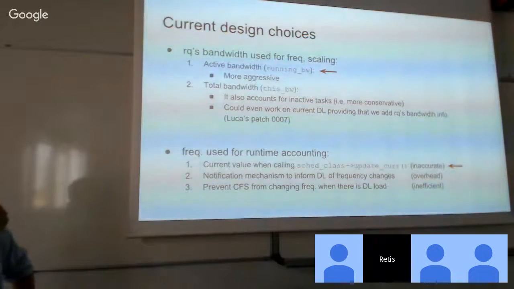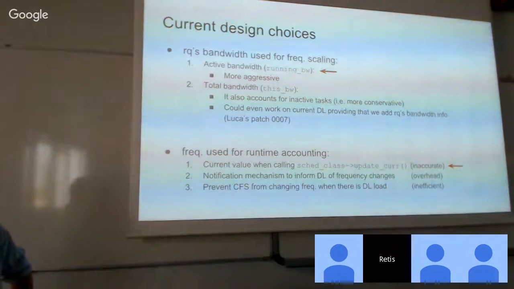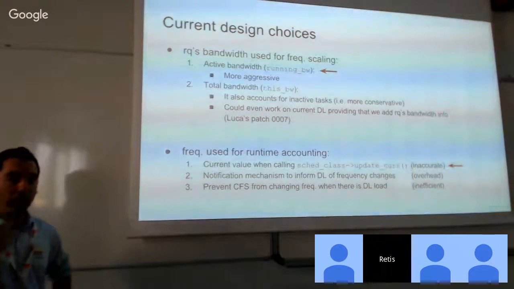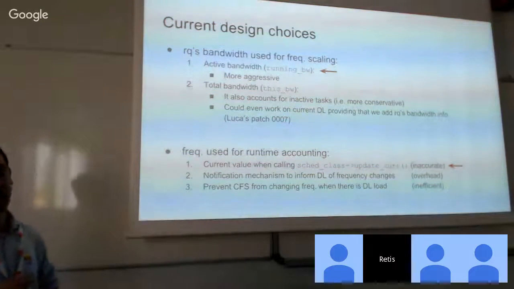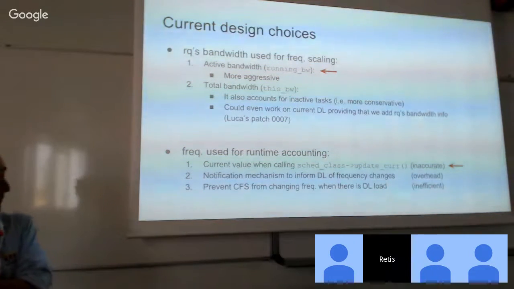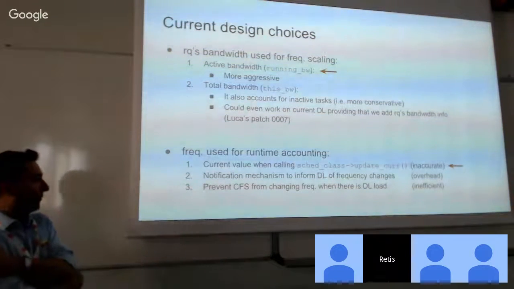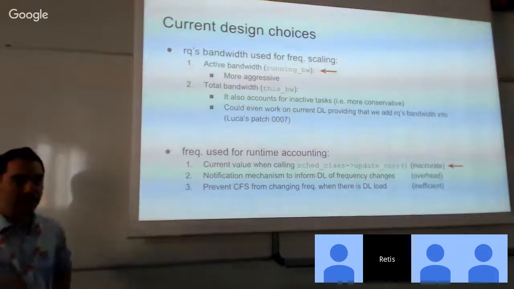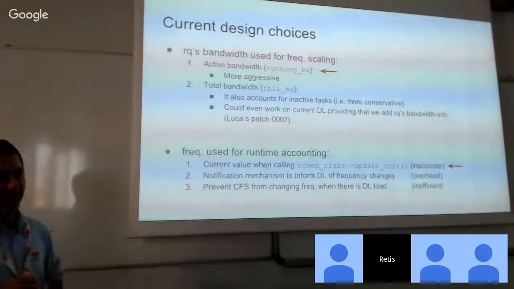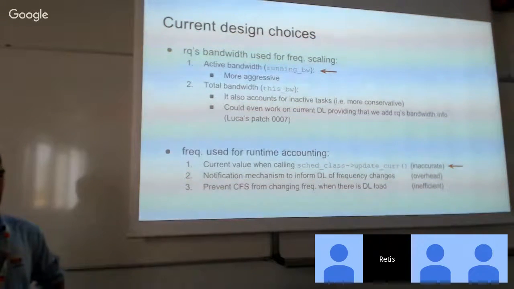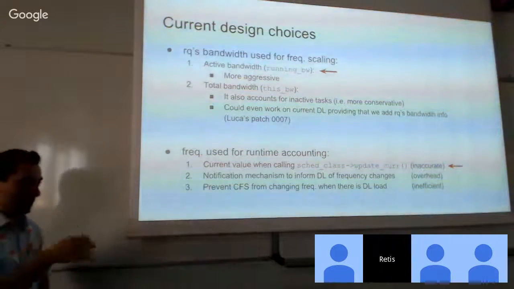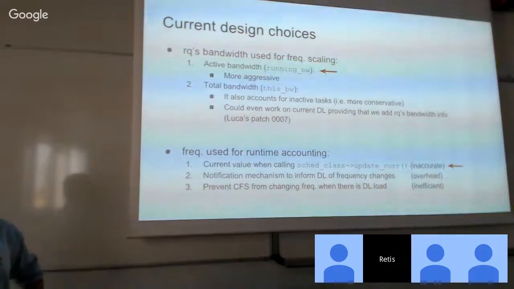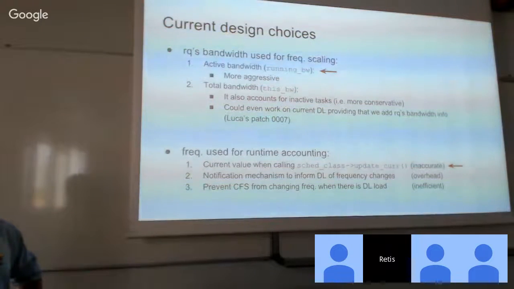The second choice is about which frequency to use in the runtime accounting when the update curr hook is invoked on deadline. For a real-time purist, you should use the exact frequency for the accounting, because you want your real-time task to get exactly the right amount of runtime that you want.